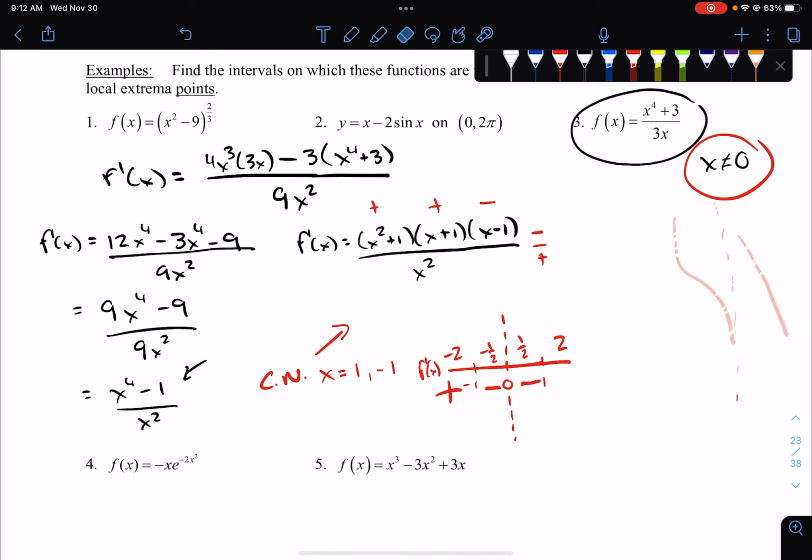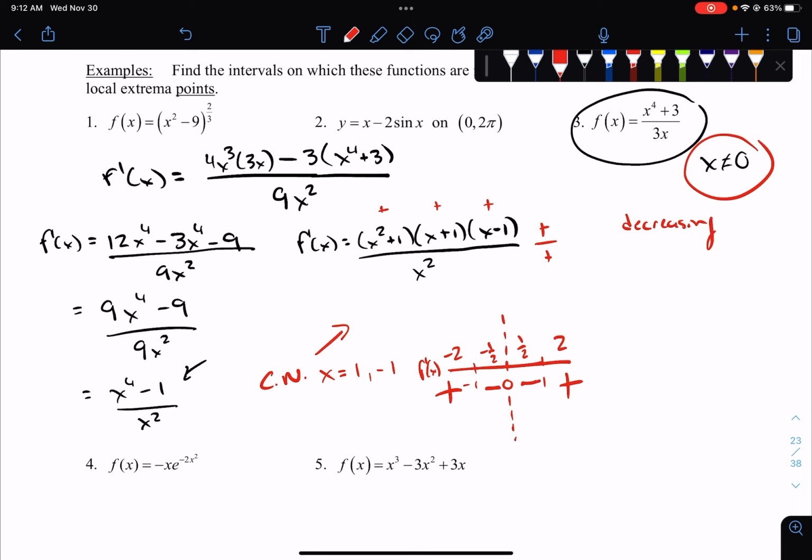Okay, so let's see what's happening at +2. At +2, erasing some of my numbers here, I get a positive on the bottom. I get a positive here, a positive here, a positive here, which gives me a positive on top. Positive over positive is a positive. So my function is decreasing anywhere I see those negatives.